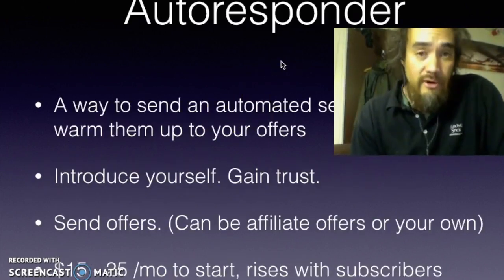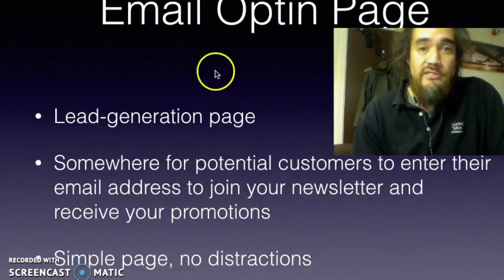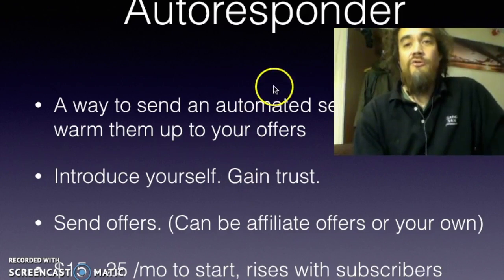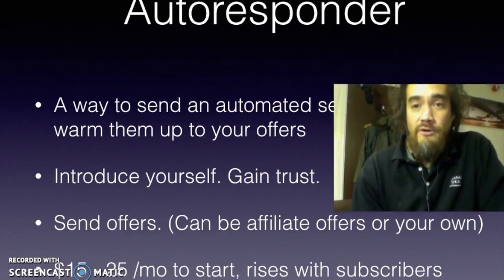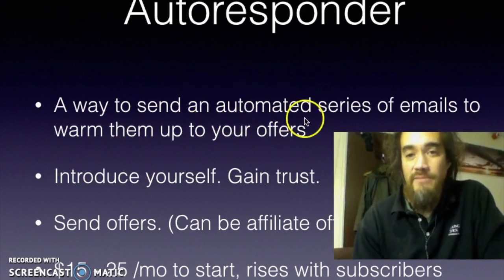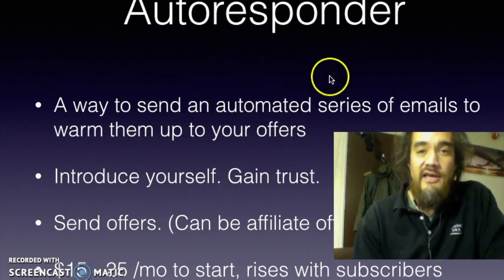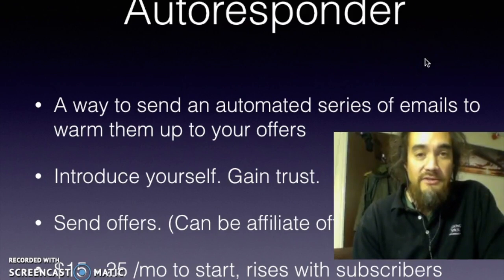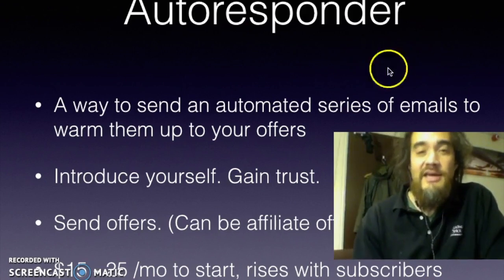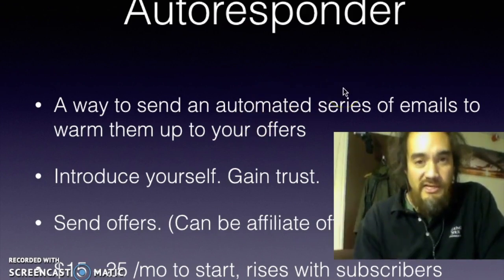You need an autoresponder. So the consequence of them entering their email is that they get entered into your list to receive a series of emails to warm them up to your offers. The key here is that it's automated. You're not individually sending out every single email to 1,000 subscribers or 10,000 subscribers. Nobody does that. It's an automated series of emails. It's really easy to set up.